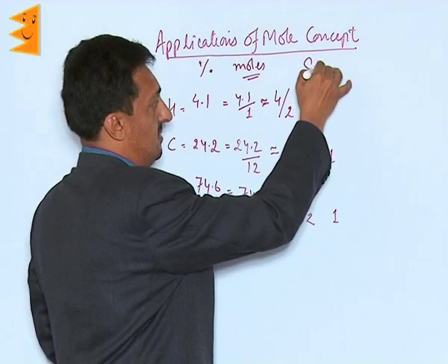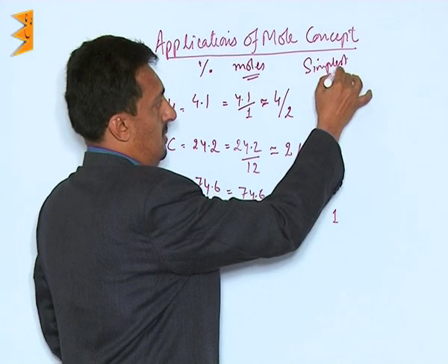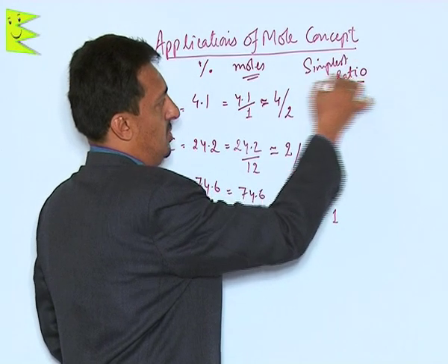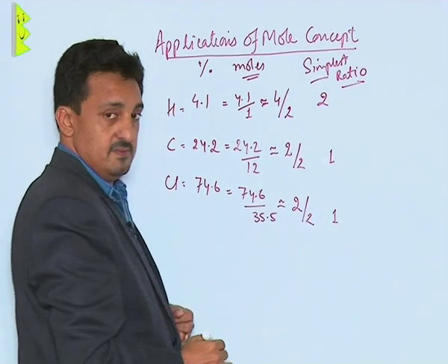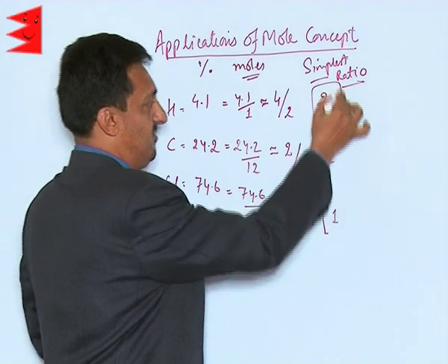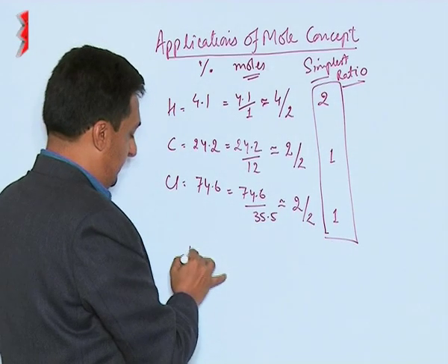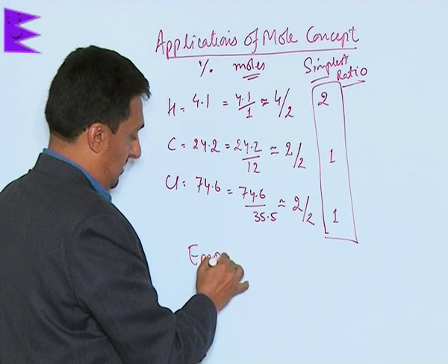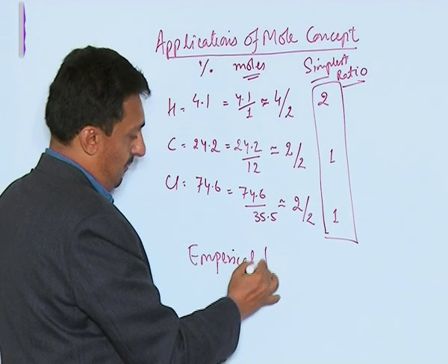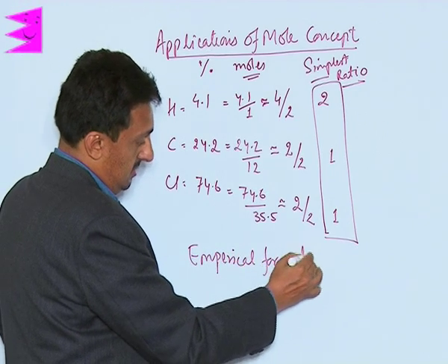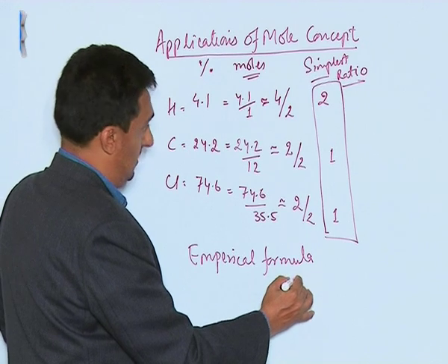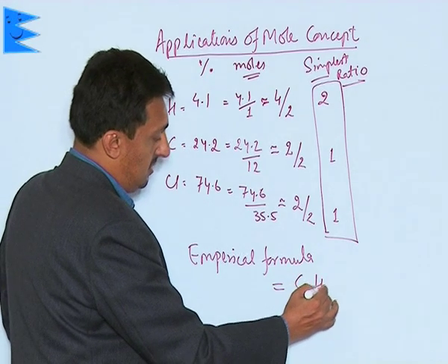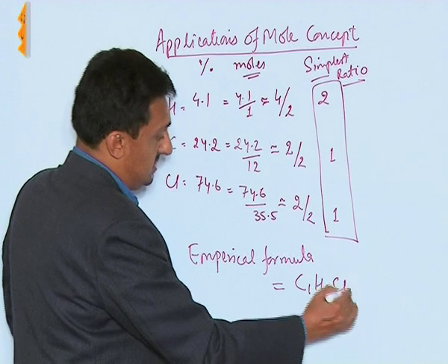So the simplest ratio is 2:1:1. This simplest ratio gives us the empirical formula, which is CH2Cl.